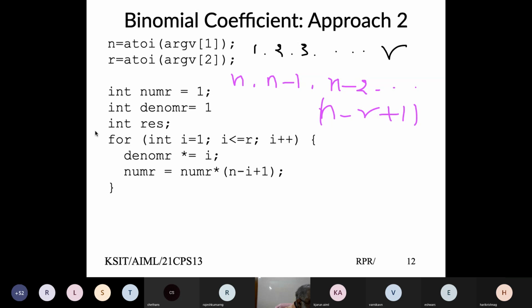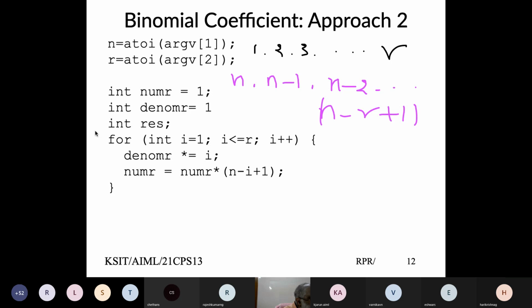Now if you look at when I is 1, I should multiply n. If I is 2, I should multiply by n minus 1. If I is 3, I should multiply by n minus 2.